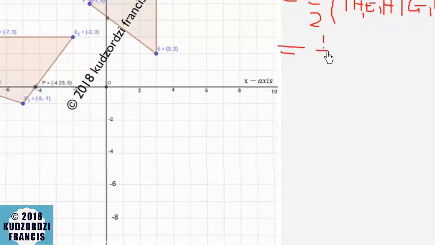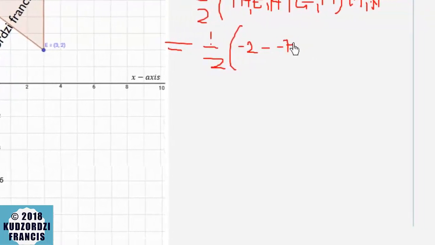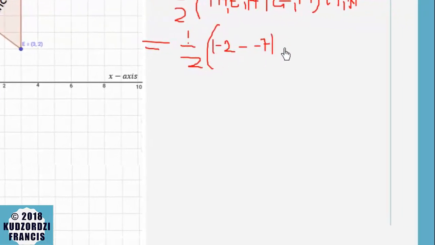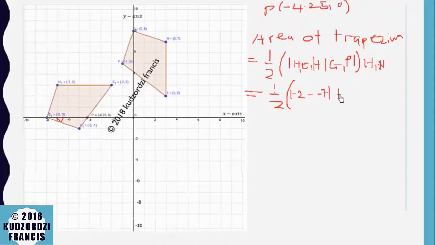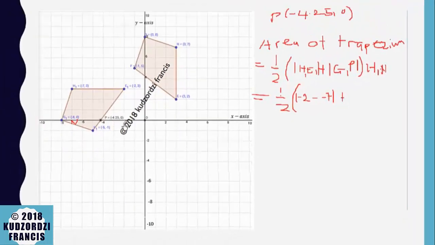So now you have 1 over 2 into this distance. We calculated the vertical and horizontal distance from -7 to -2. So we have -2 minus -7, absolute value because it is a distance. So plus this one is from -8 to -4.25.